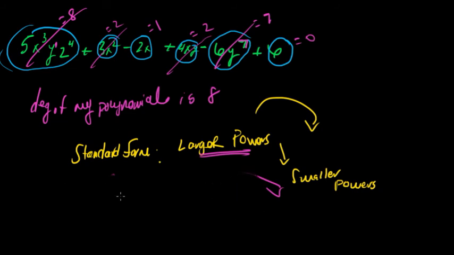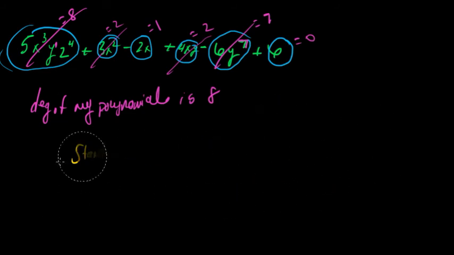Okay. Now that you understand standard form, let's look at leading coefficients. I should have done that before standard form, but we'll do it now. The leading coefficient is simply the coefficient of the first term in standard form.